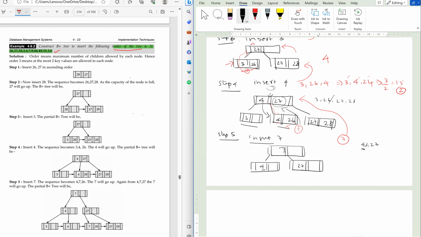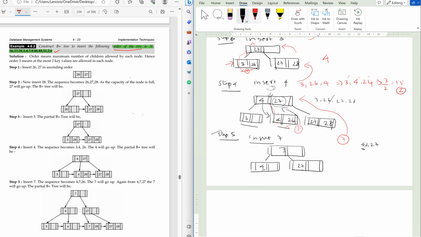So what we have to do is, till before step 5, if we see the elements that we have inserted, all the elements will be in the leaf node.